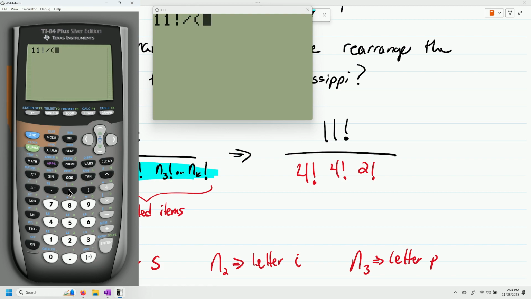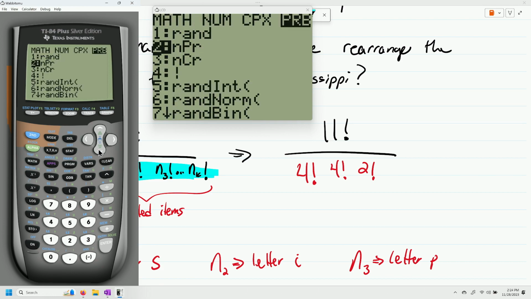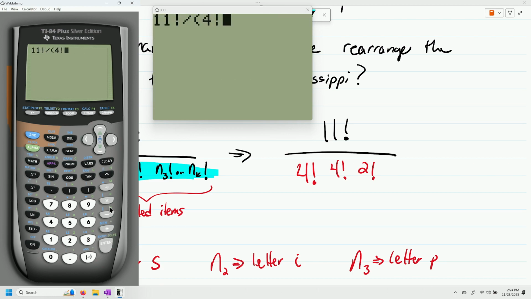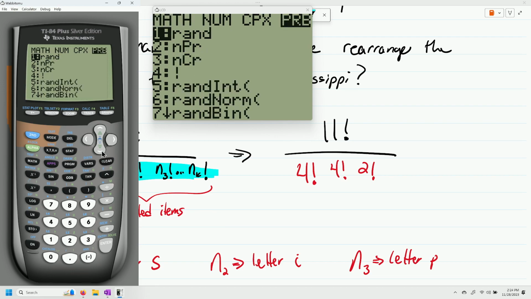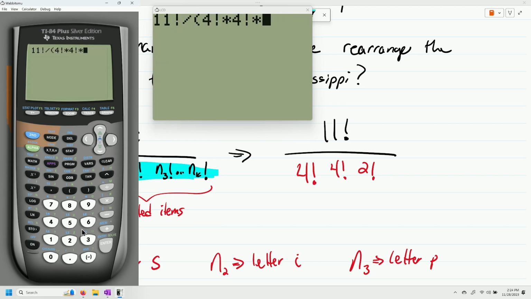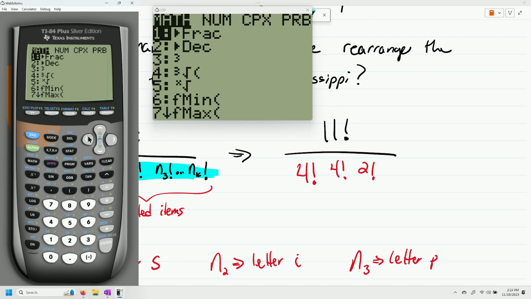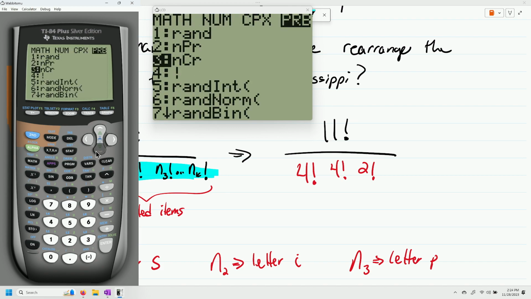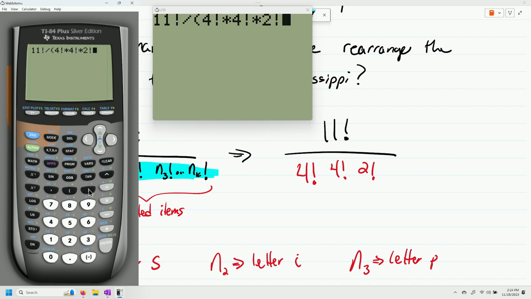So parenthesis, 4 factorial times 4 factorial times 2 factorial. And then end your parenthesis and hit enter.